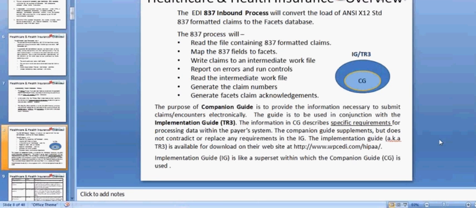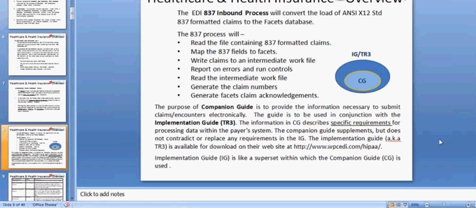Then we want to let you know about these different documents that we refer to when we go into the workplace. We very often refer to documents called the companion guide or implementation guide, also called a TR3, meaning it's the version 3 of the technical report.